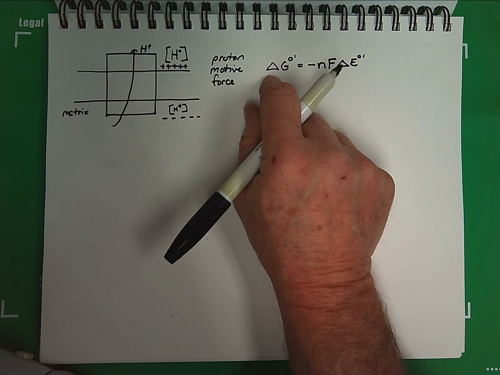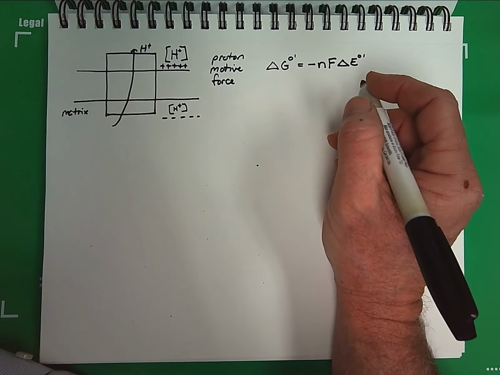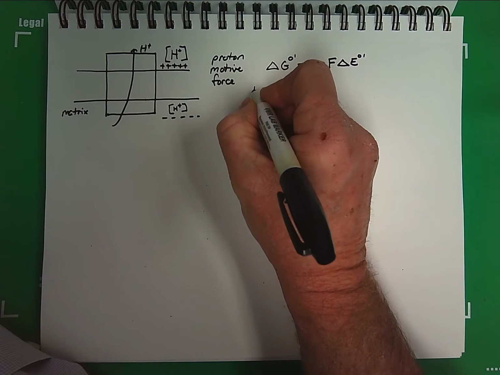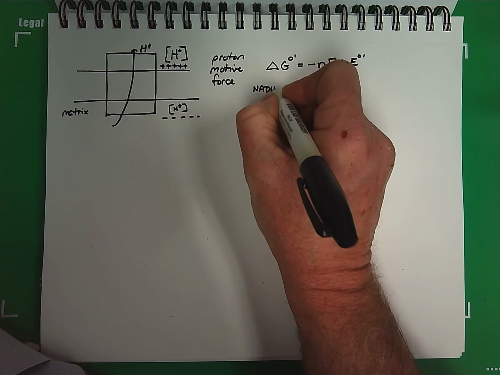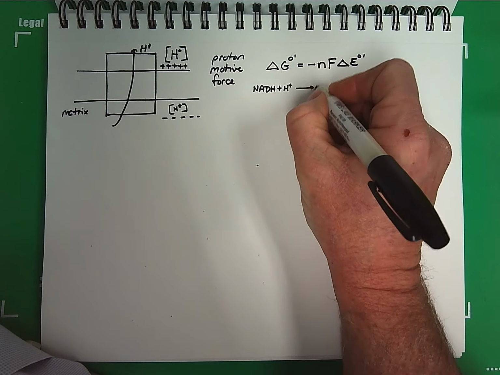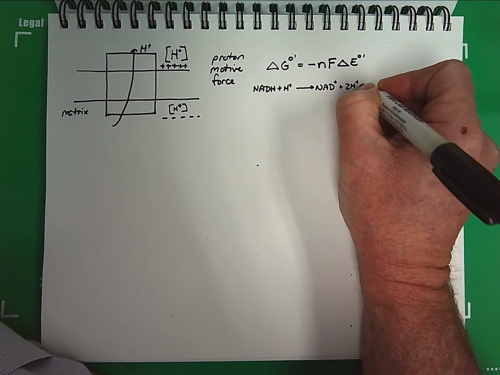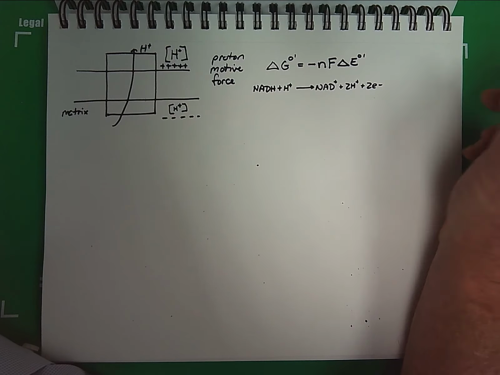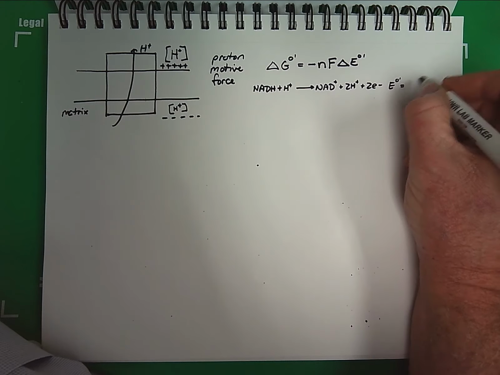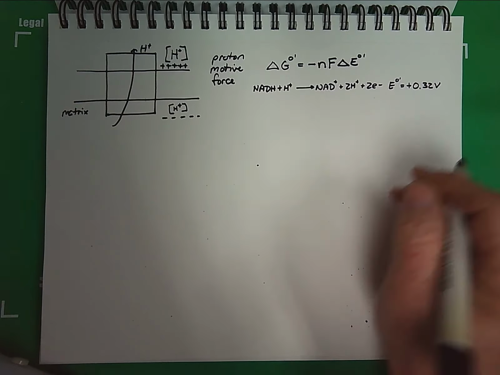Now, let's just do this for the entire electron transport chain, starting from the beginning. So if we start from the beginning, we have NADH being oxidized to NAD, and we saw that the standard potential of this is a positive 0.32 volts.